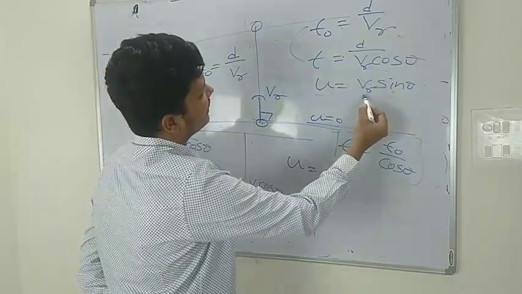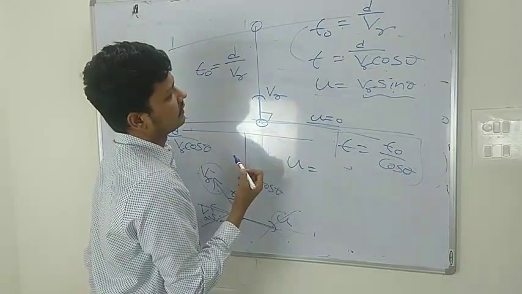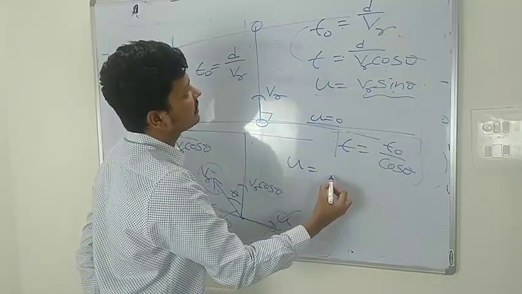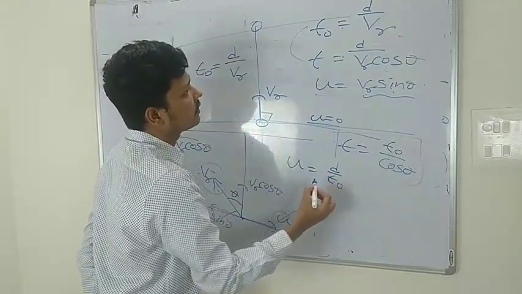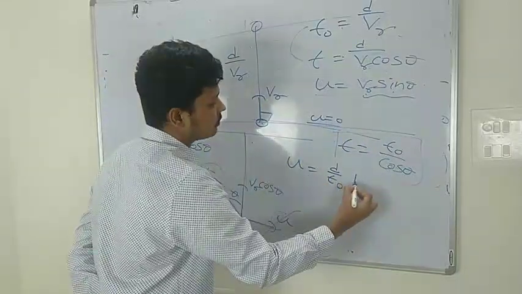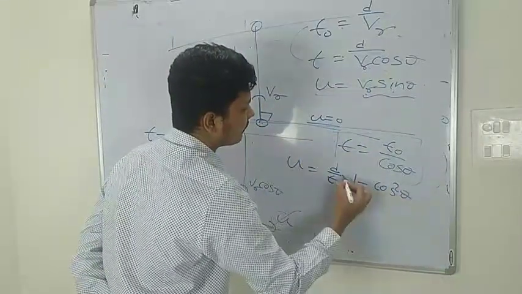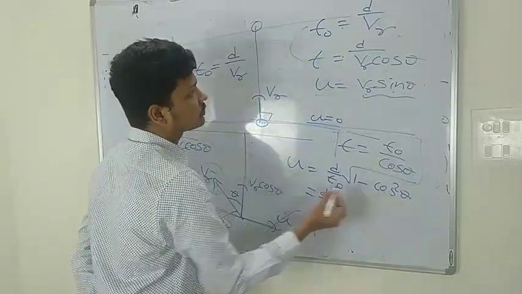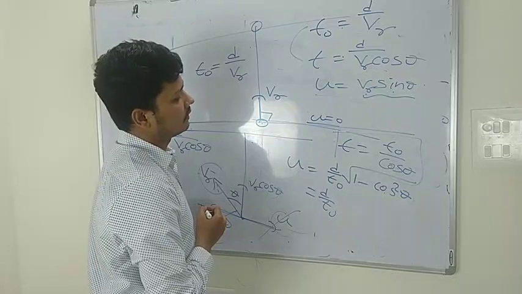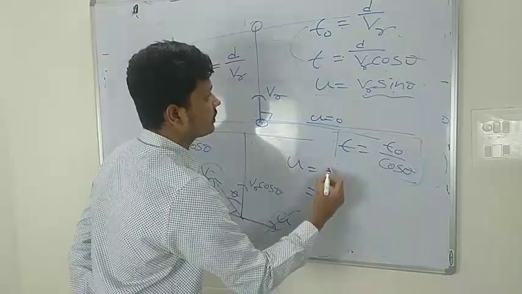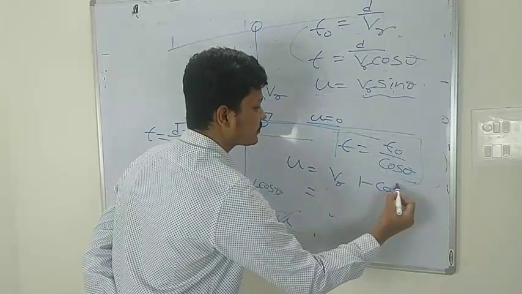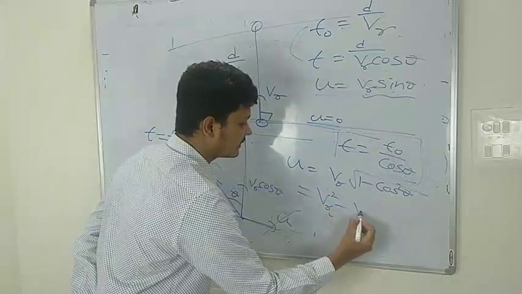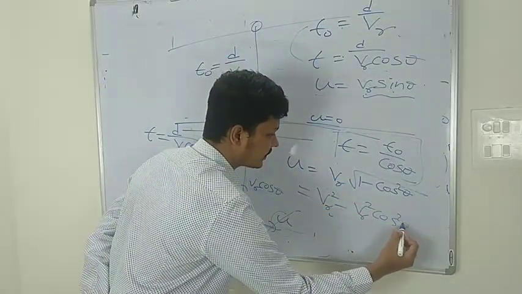Vr is d by t naught, and sin theta is root of 1 minus cos square theta. Taking Vr inside, Vr square minus Vr square cos square theta.